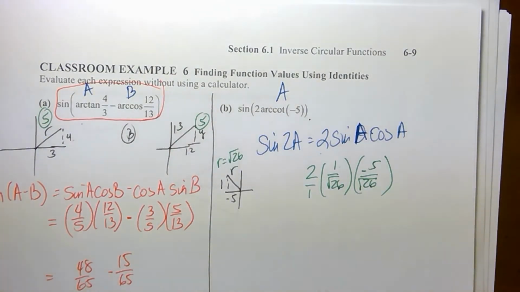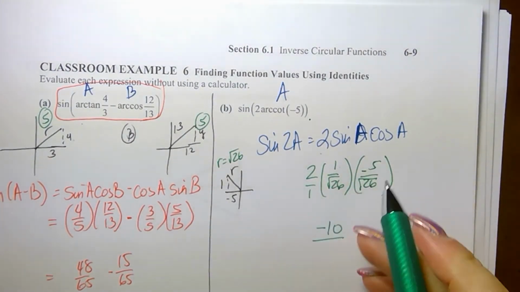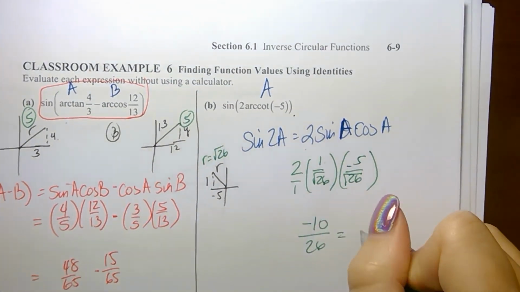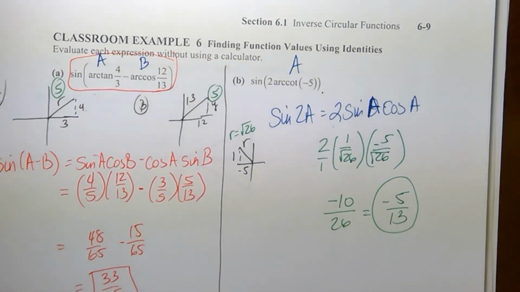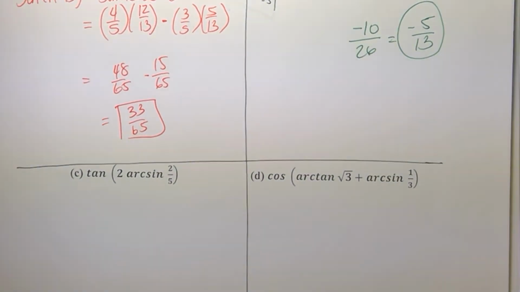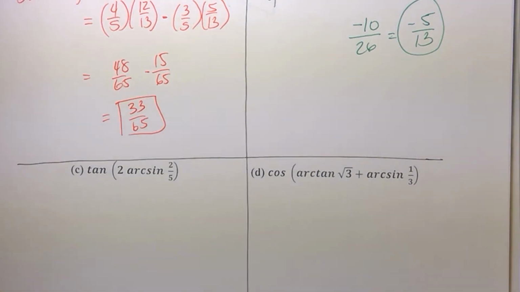I'm not going to rationalize until the end because I don't want to cause more work for myself. My numerator is 2 times -5, which is -10. My denominator is 26, which reduces to -5/13. So for these, your first step is to identify which identity you need to use, and then you find the missing values for your angles and simplify.